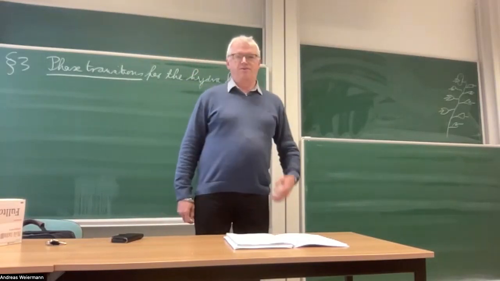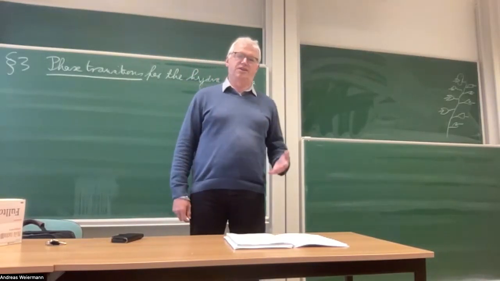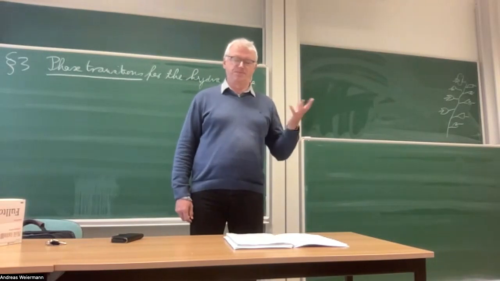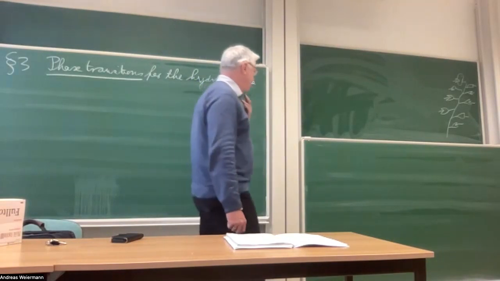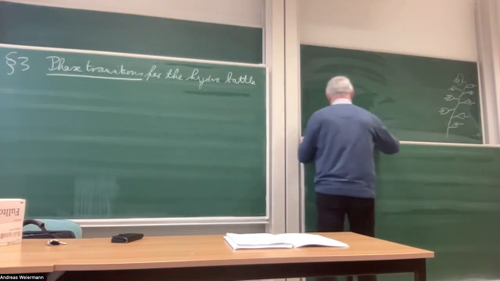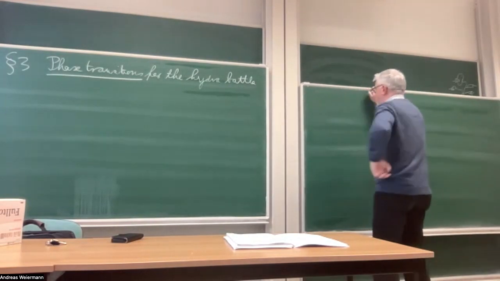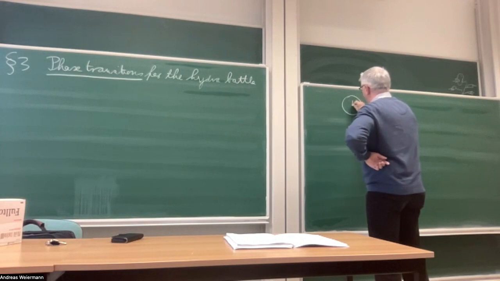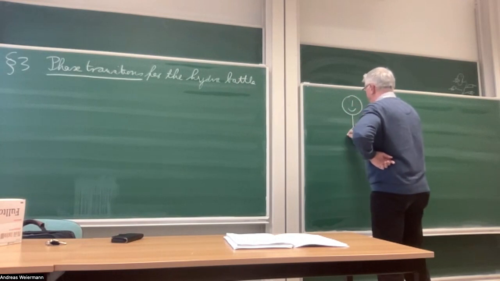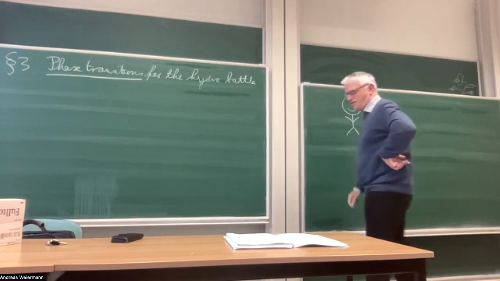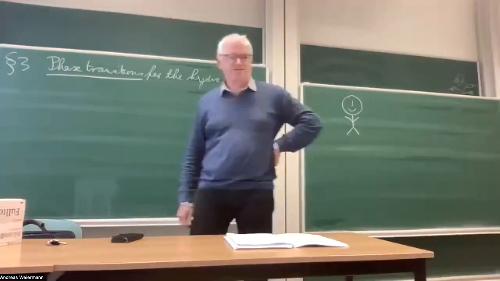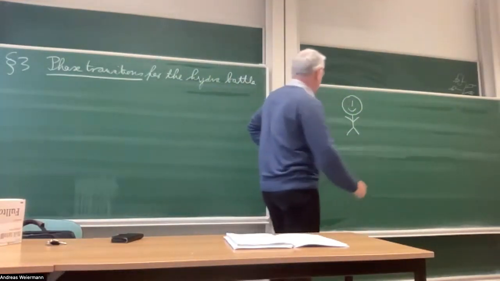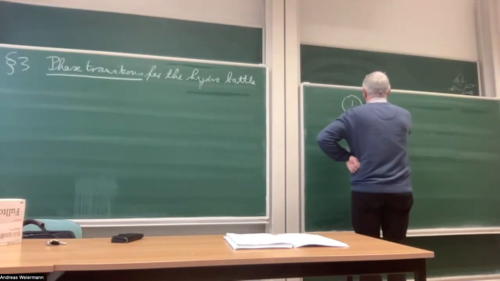Now, first of all, where does the Hydra come from? The Hydra comes from Greek mythology. And so it starts with the gods, Greek mythology. So here we have one famous guy, godfather of the gods in Greek mythology. This is Zeus.